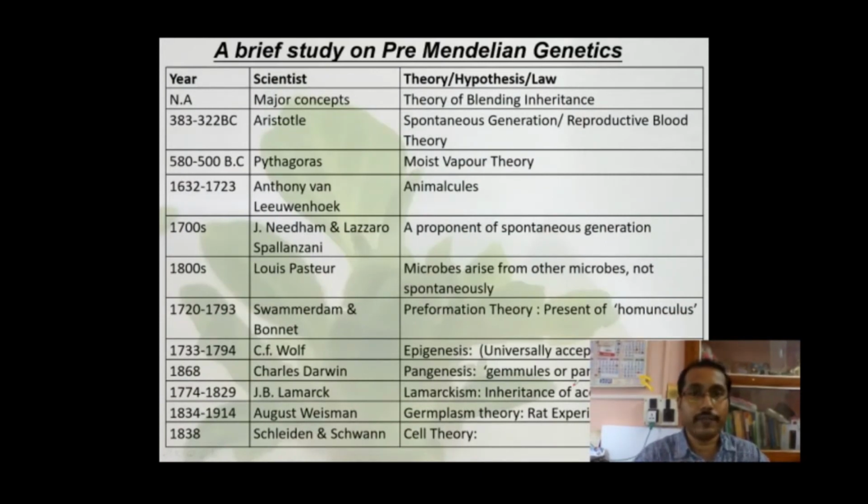This is a very brief look at pre-Mendelian genetics concepts. The major concern of this era is blending inheritance. What does it mean? When male and female parents mate, their characters will be mixed, giving intermediate conditions.